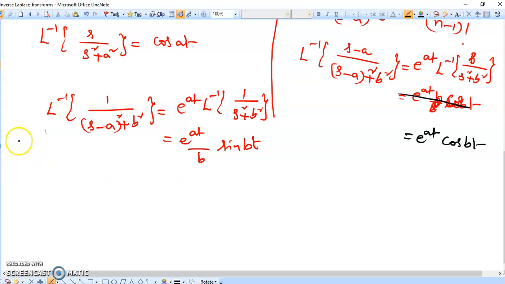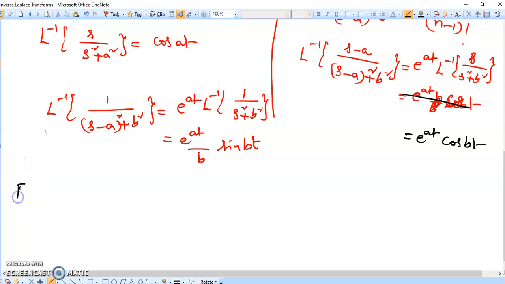Now let us look at some of the simple problems that we have in the inverse Laplace transforms. One of the most powerful methods to find the inverse Laplace transform of a function in s is partial fractions.